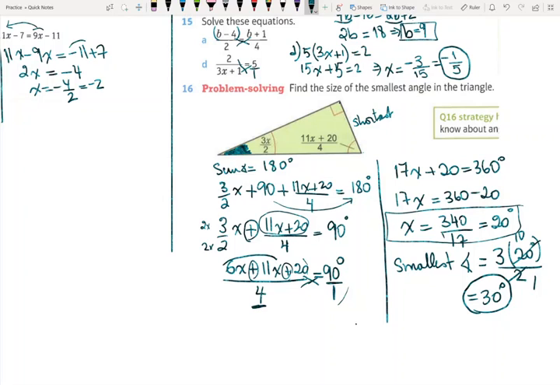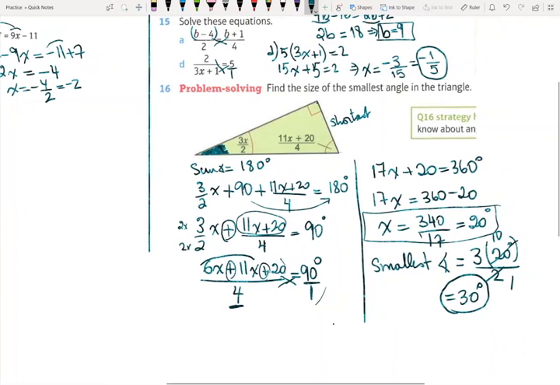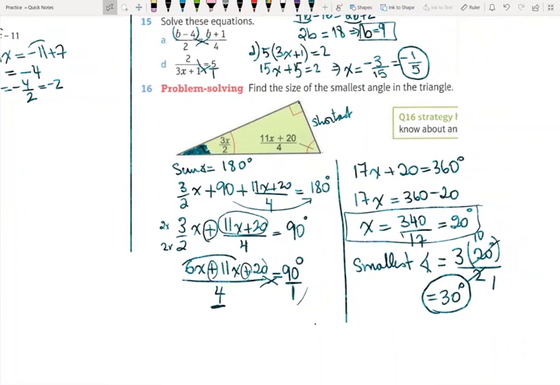Then we collect the like terms. So it's 17x plus 20 equals 360 because we cross multiplied, making 90 over 1. We have two fractions with an equal sign between them, therefore you can cross multiply, and taking 20 to the other side, it's going to be 17x equals 360 degrees minus 20.